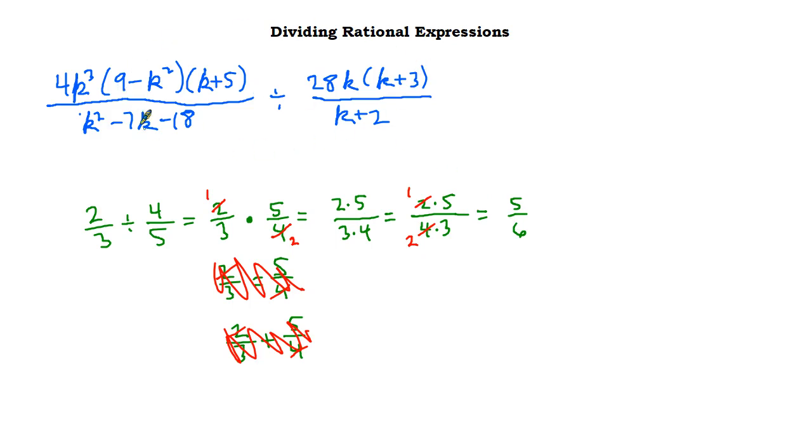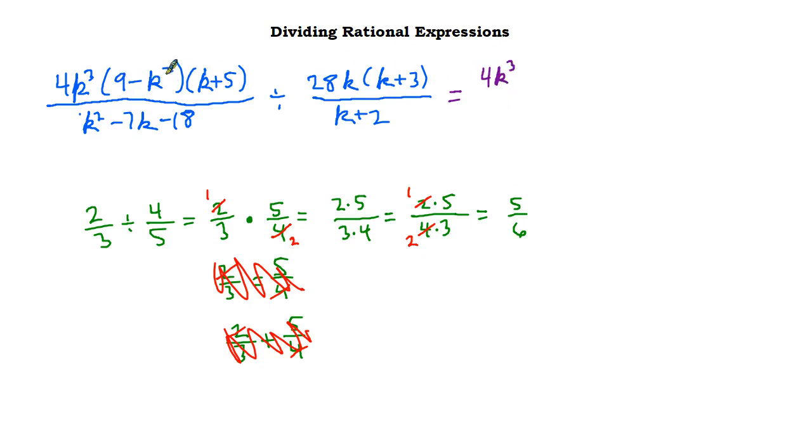Let's get back to this guy up here. Now we want to use this principle to divide a much bigger, more complicated set of fractions. So first thing we'll do is rewrite this, and I'm going to do some factoring while I'm rewriting. 4k cubed, I'm just going to leave exactly as it is.